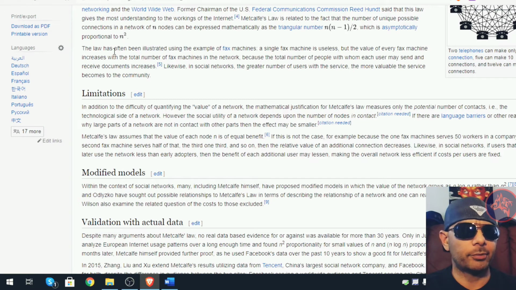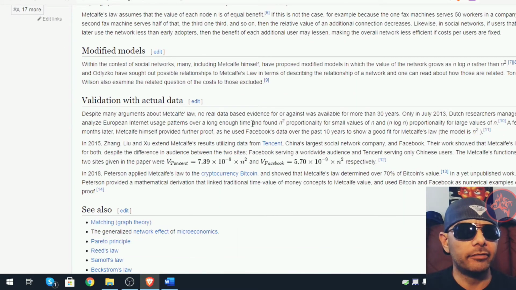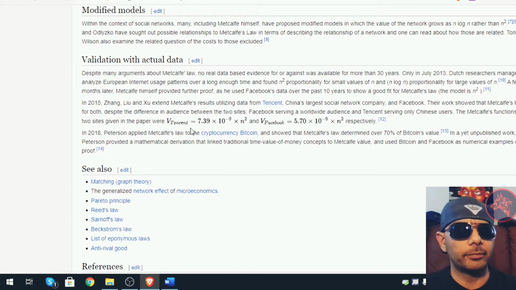So that's proportional to n squared, right? So moving on, they actually moved it into the internet, and they started doing this calculation, which is this calculation right here for Facebook, and they figured out that the n squared works for larger things in the cryptocurrency market.